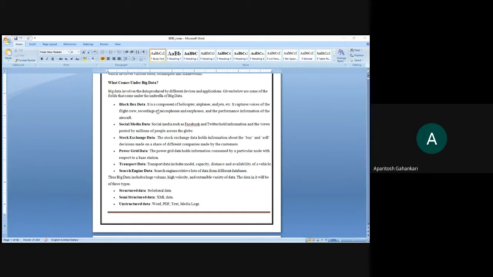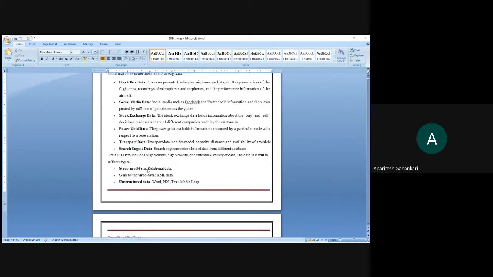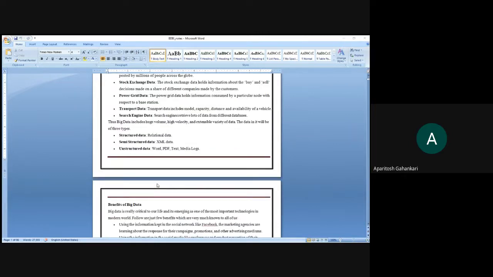So these are some of the sources from where the huge amount of data is getting generated, and basically that data is going to be heterogeneous, so it may be structured, unstructured, or semi-structured. In last lecture we have seen the meaning of structured, semi-structured, and unstructured data.